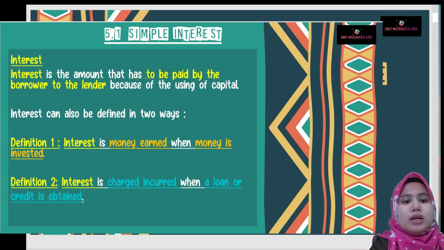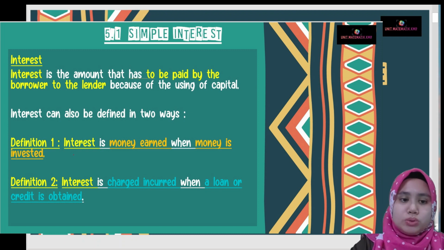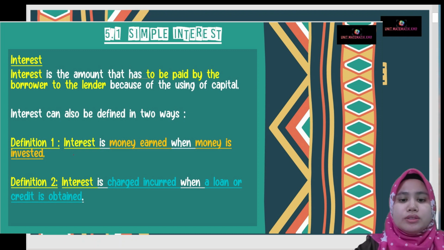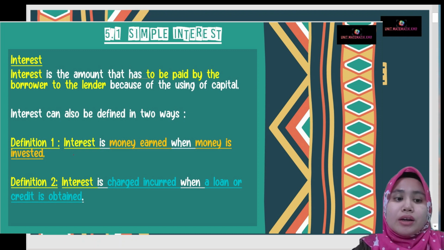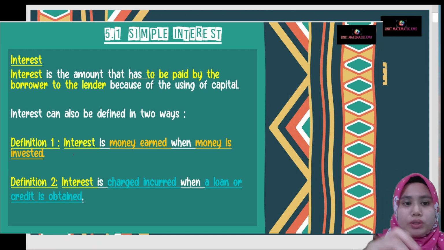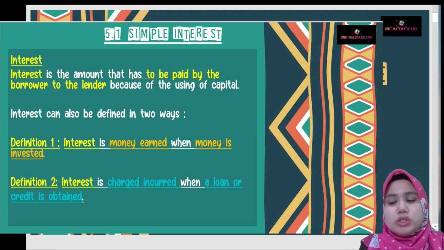Actually, when you make a saving. And definition 2, interest is charged, incurred when a loan or credit is obtained. Interest is charged. That means you have been charged for your loan. That's the definition for our interest.